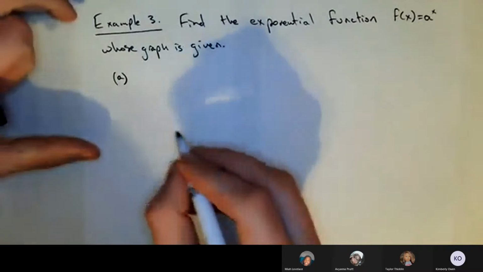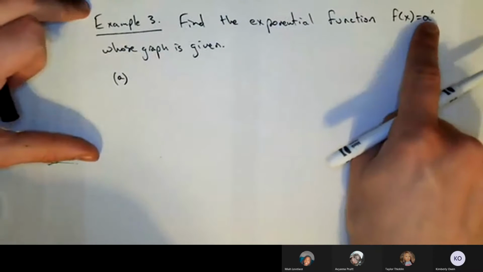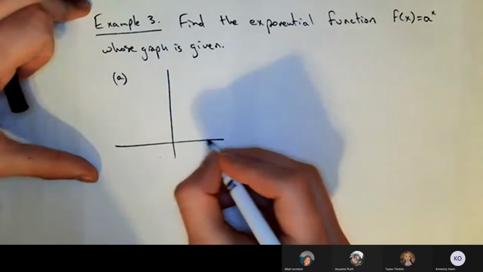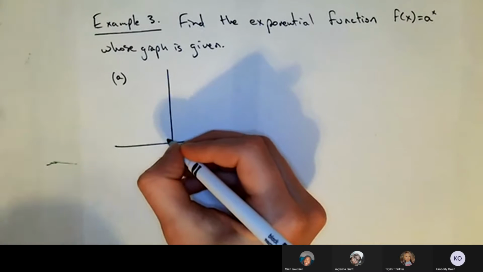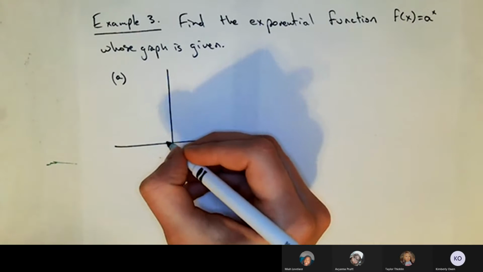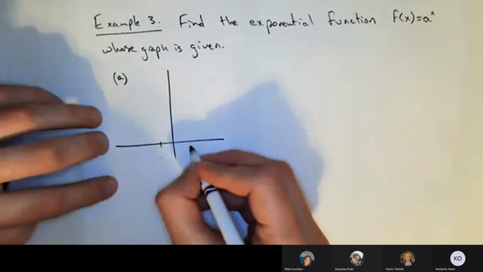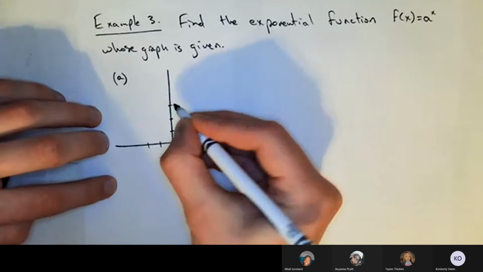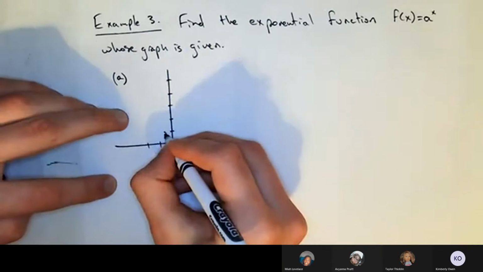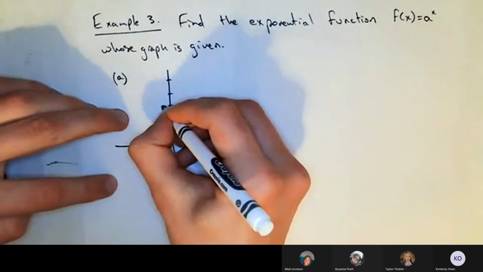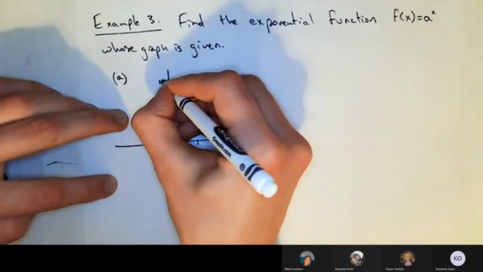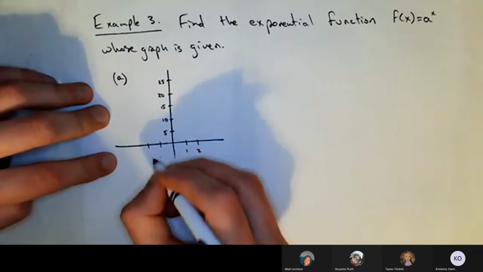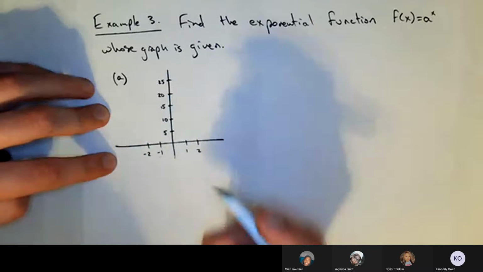Exponential functions. So let's say I said find the exponential function, in other words, find that letter a, whose graph is given. So let's say I give you this function and I say the y-axis is counting in increments of 5, just for the sake of being able to graph this, and the x-axis is counting in increments of 1.